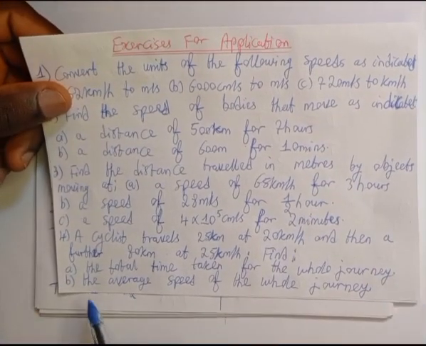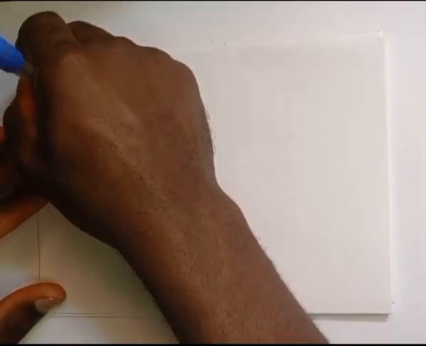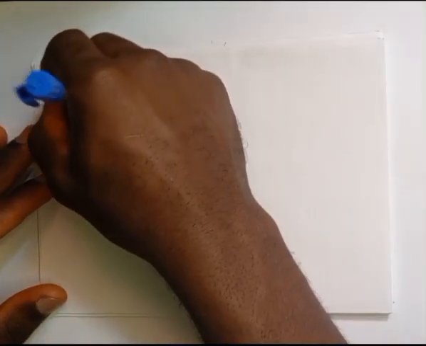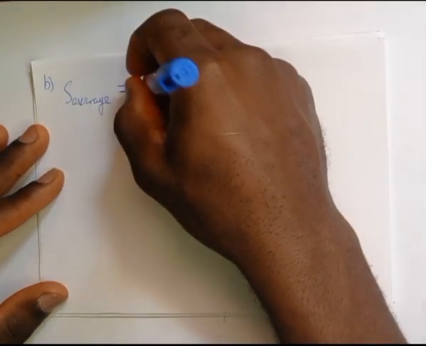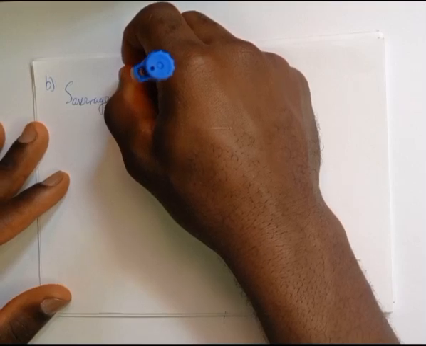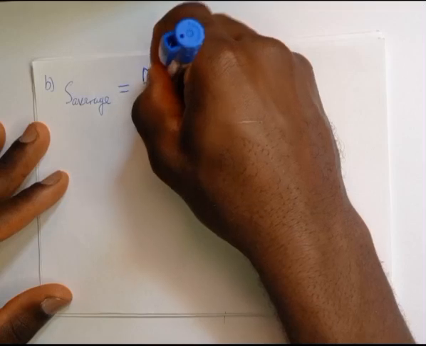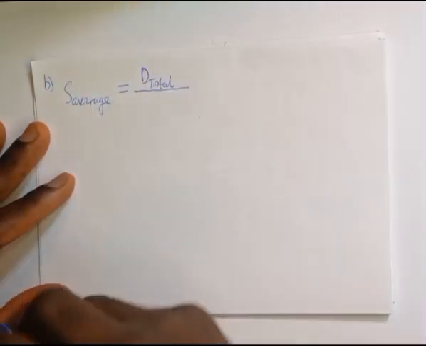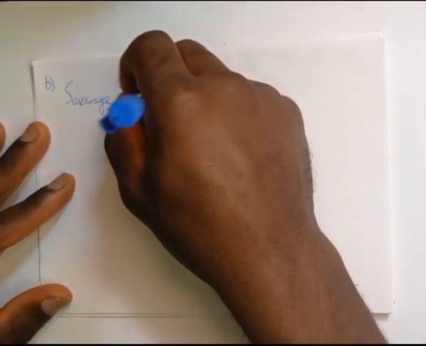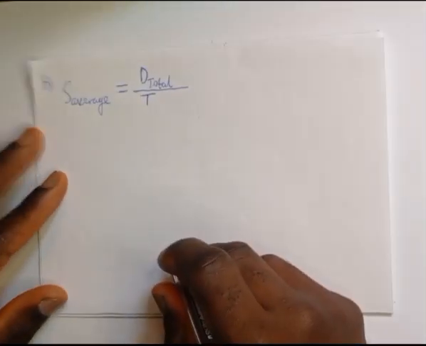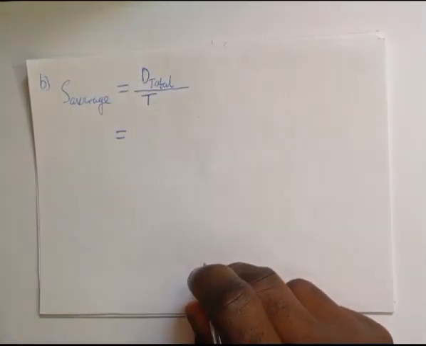B is asking us the average speed of the whole journey. B, the average speed of the whole journey, we are going to denote it as S average. It will simply be equal to, we are going to divide the total distance covered, that's D total, all over the total time taken for the whole journey, which is T. This will simply be equal to the total distance for the whole journey.